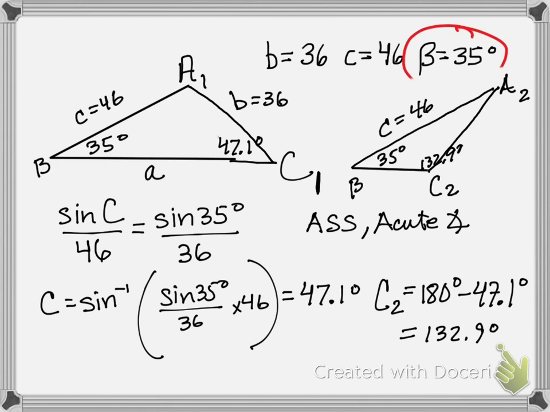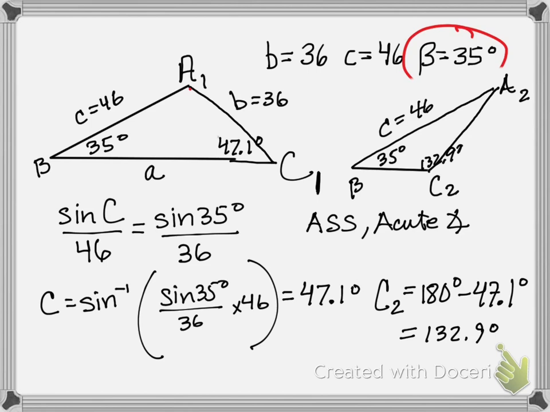One way is that I might end up with a side and an angle that just creates a right triangle, and then that's the only possibility. The other possibility is that it might be another no solution case. Remember the no solution case from the previous page? It's possible that I could have an ASS with an acute angle that is no solution.